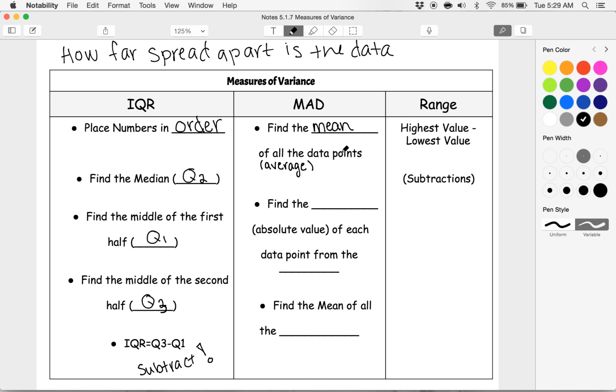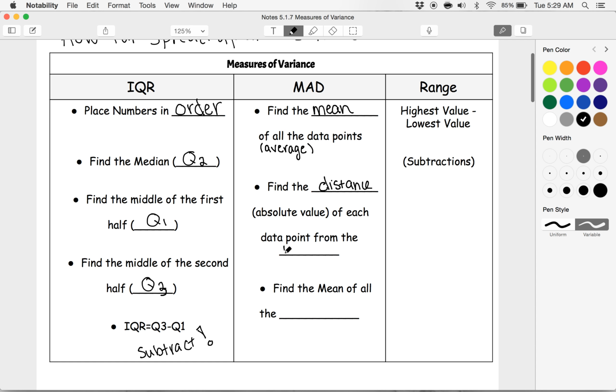Next, we need to find the distance of each data point from the mean. And something I want to remember is it's always going to be positive. That's what we mean when we have this absolute value piece here. We're always going to use the positive. And then last, we need to find the mean of all the distances.